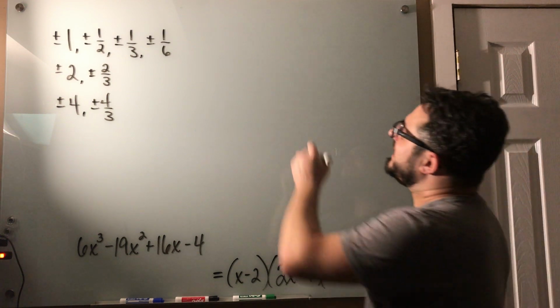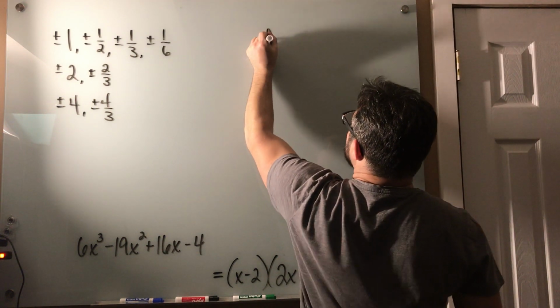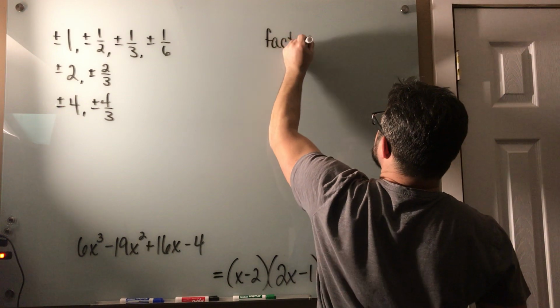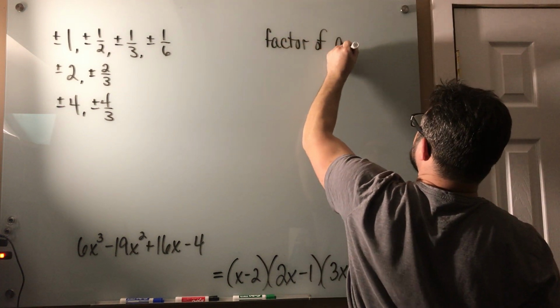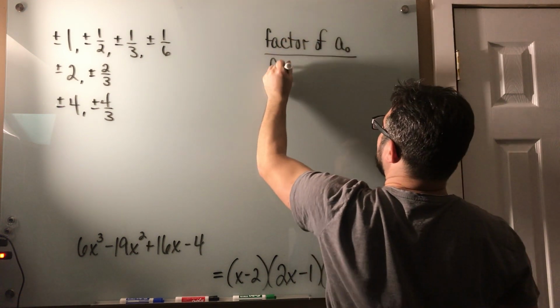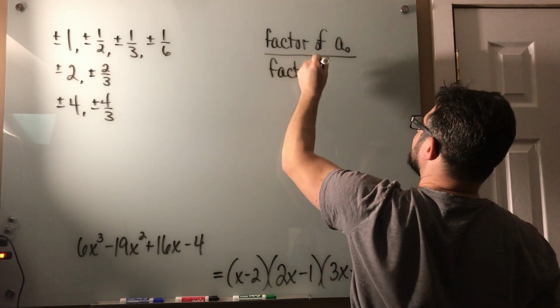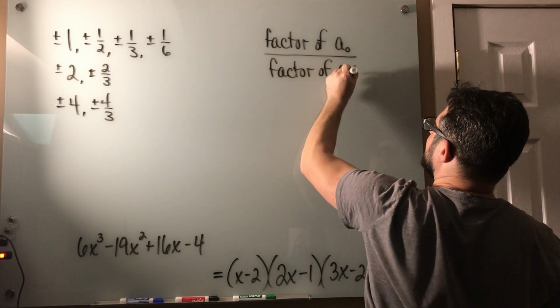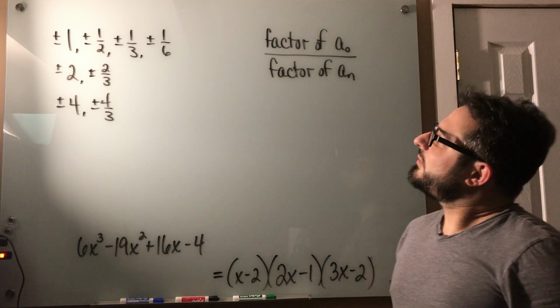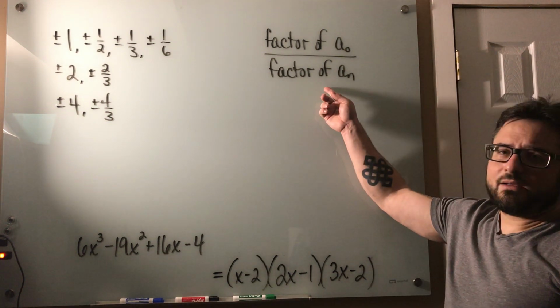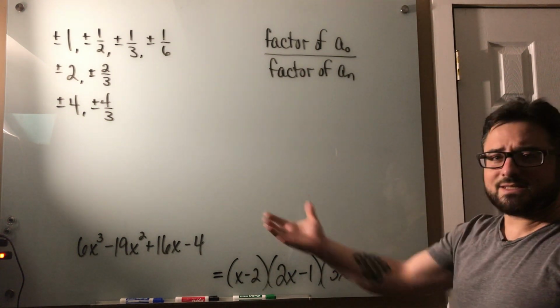And all of those came from the idea of some factor of the constant term, a sub 0, over some factor of the lead coefficient, a sub n. Well, why is it that it has to be like that? And how does it actually work?